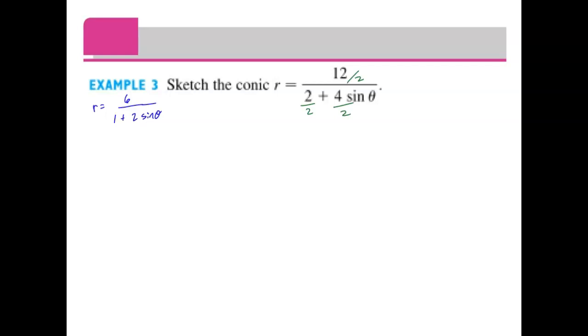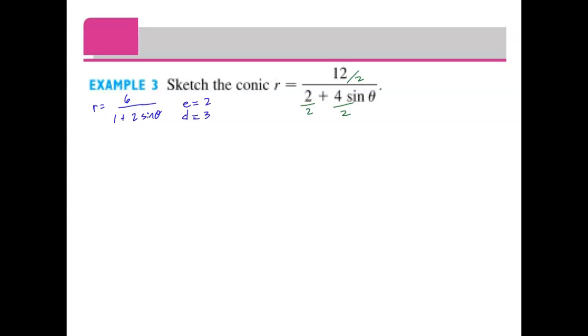Great. So now we can definitively figure out what e is. My eccentricity is 2. So what's d? 3, right? Because the numerator is e times d. So d is 3.